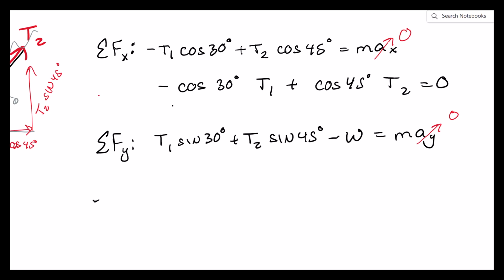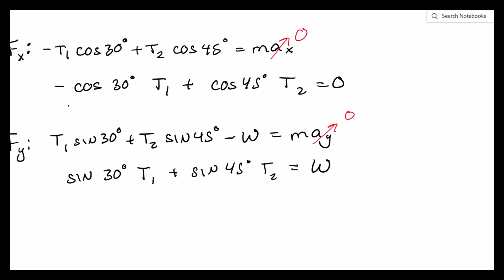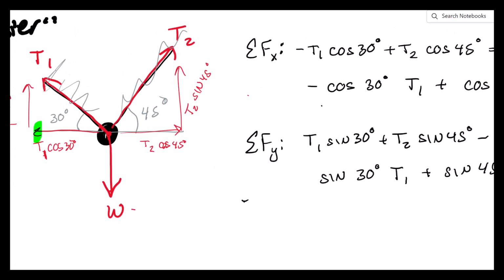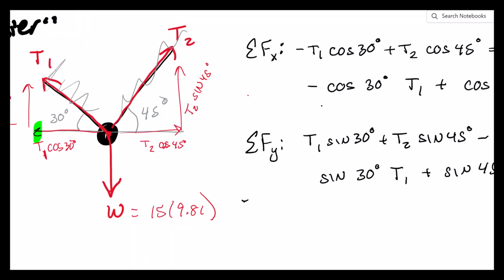So that's sine 30 T1 plus sine 45 degrees T2 equals the weight. And I know the weight is 15 times 9.81, 147.